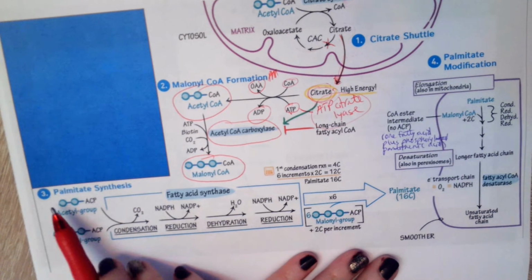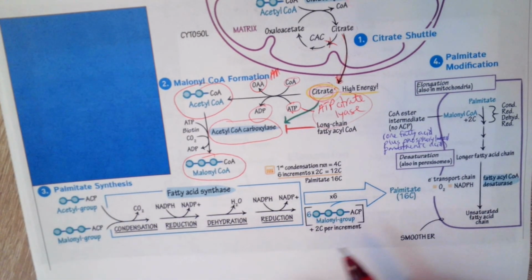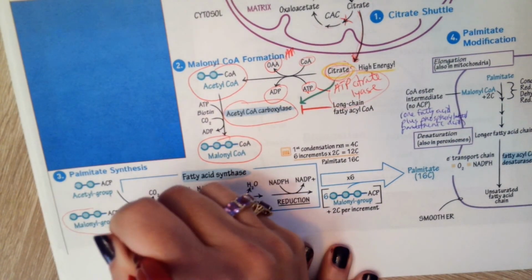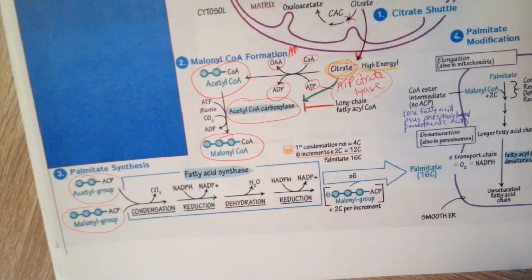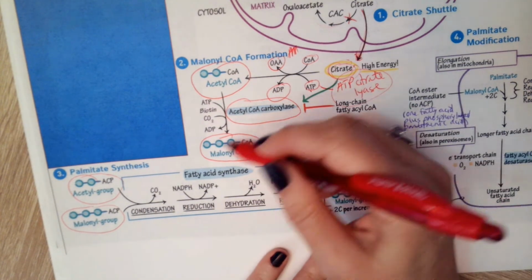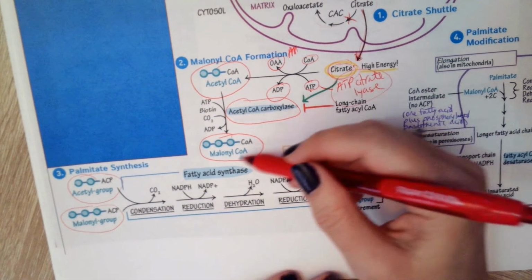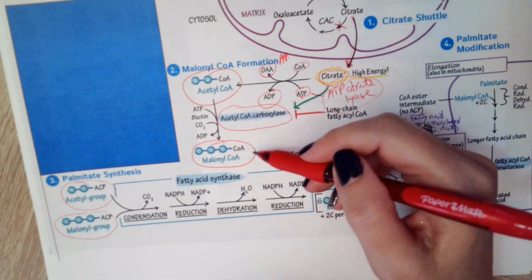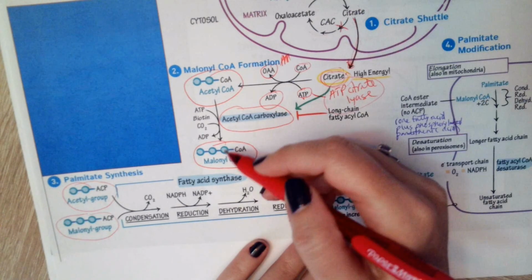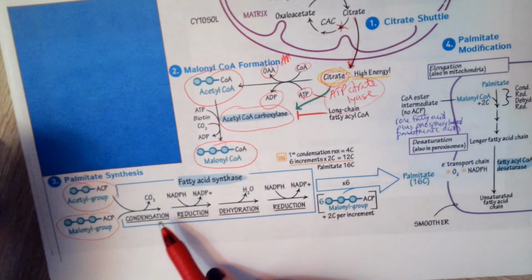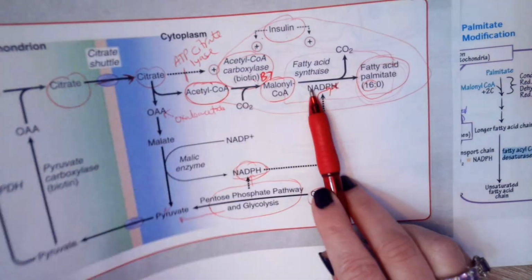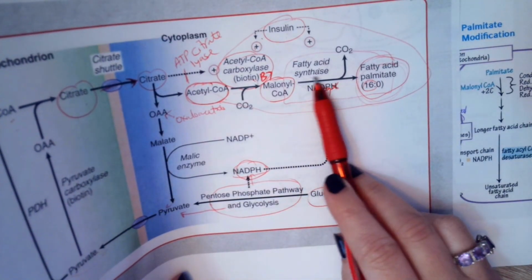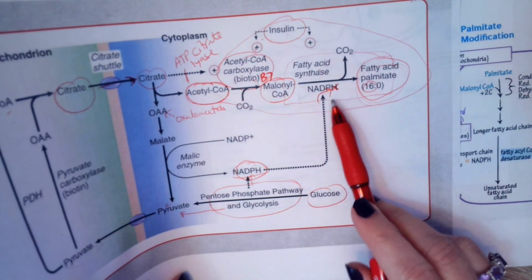Now we can go to step 3, which is where we take our malonyl group and an acetyl group. Okay, so we have all of these products kind of pre-made from steps 1 and 2. And we start with our fatty acid synthase reaction. So that's what's happening here. Remember, we need NADPH for this.